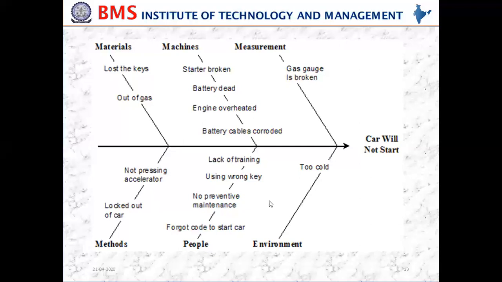When you write down all the probable or possible causes, that is done through brainstorming. We have arrived at all these kinds of problems: lost the key, out of gas, starter is broken, battery is dead, gas gauge is broken, too cold, a lack of training, not pressing the accelerator, locked out of the car, using the wrong key.